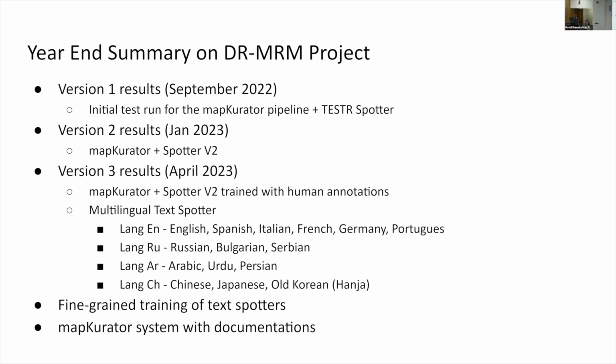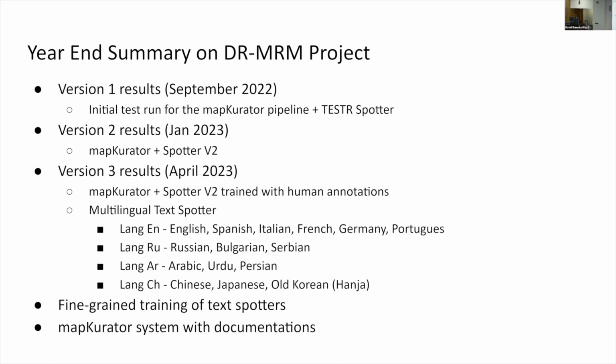And this is the year-end summary of the David Rumsey project for our side. First, we had version 1 results in September 2022, so we had an initial test run of the mapKurator pipeline with the test R. The second version is January 2023, where we ran mapKurator with the Spotter V2.